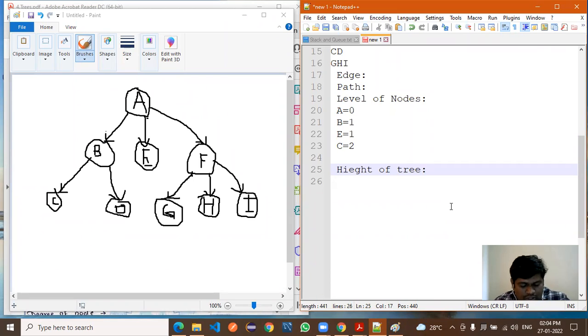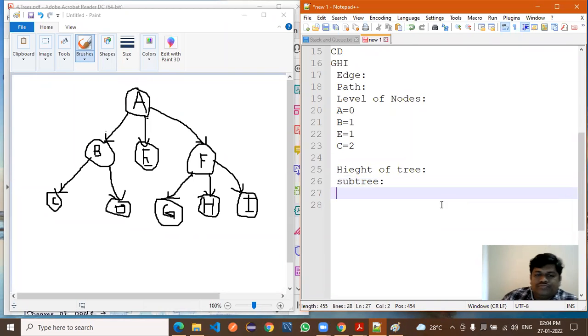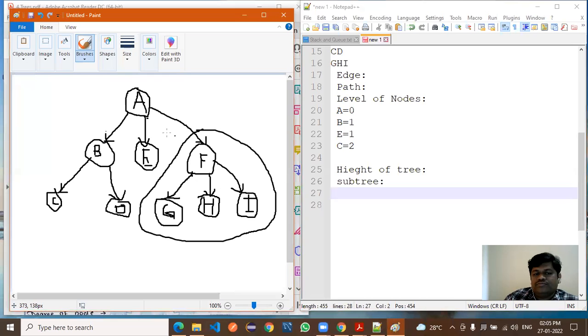Now one more concept we are using, that is the subtree. What do you mean by subtree? Can I say this is the subtree of A? Yes. So F is also a subtree: suppose you consider F as a root, and this tree is connected with this tree, right?